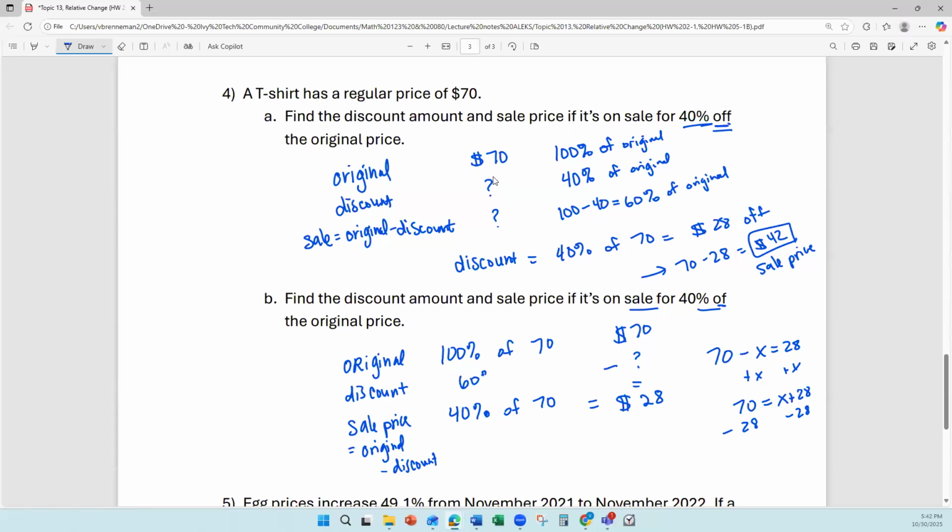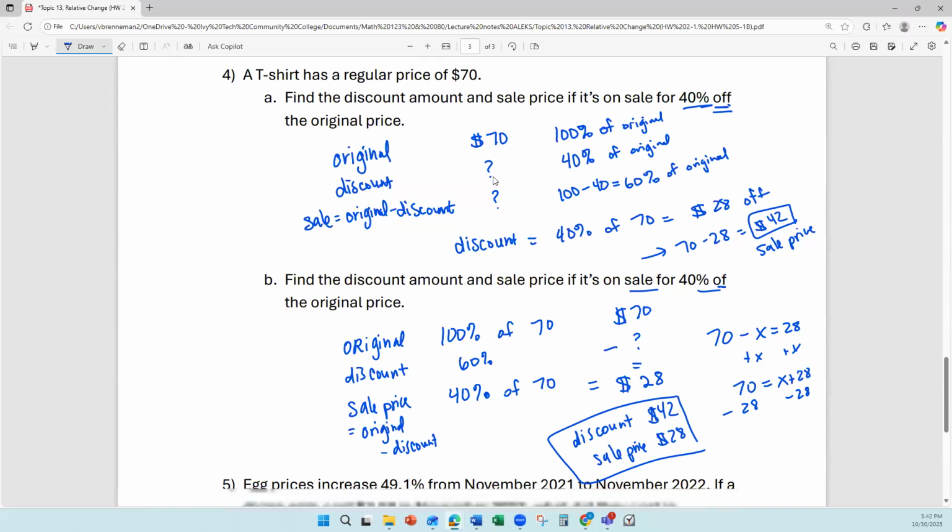It's also the 60%. The discount is 42 to get this sale price, 28. You just got to watch those tiny details, especially off versus of. When you're talking a percentage, it changes what it means.